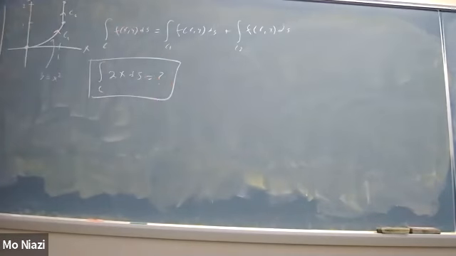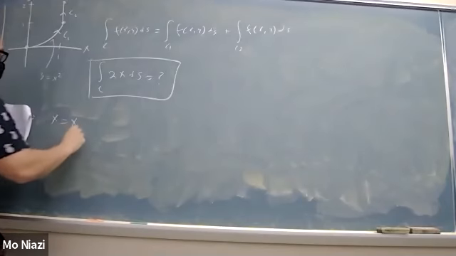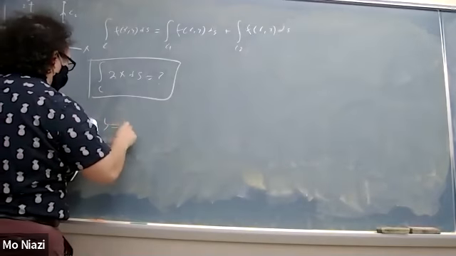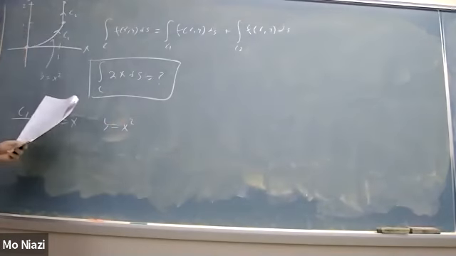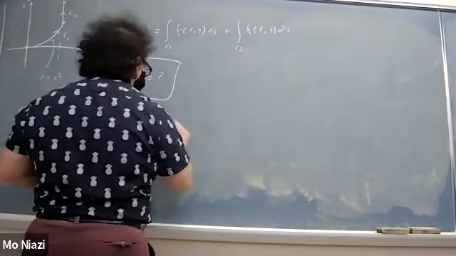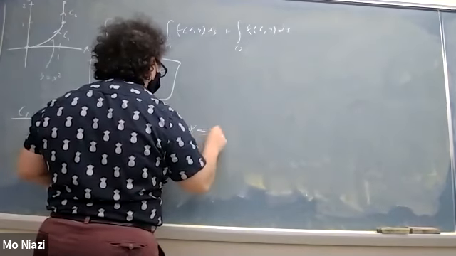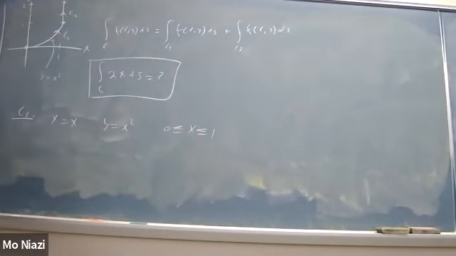But we have a C1 and a C2 to do so. So we notice that for C1, the following parameterization holds. X is just itself, and y is, as I mentioned, x squared. And x ranges from 0 to 1. That's pretty obvious.